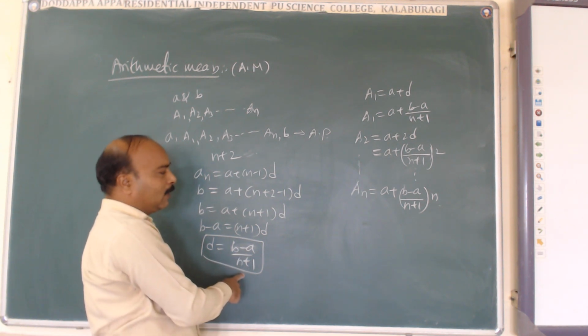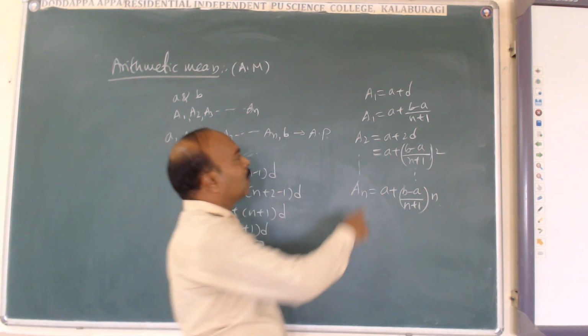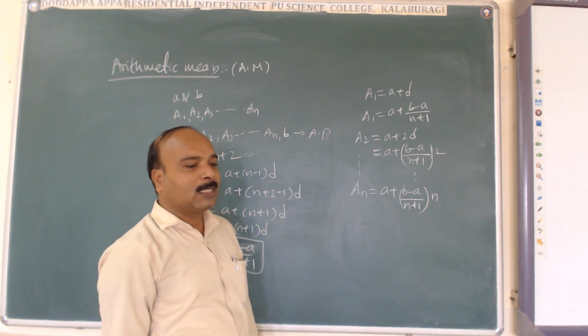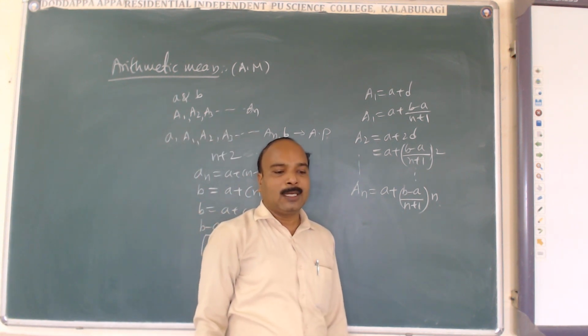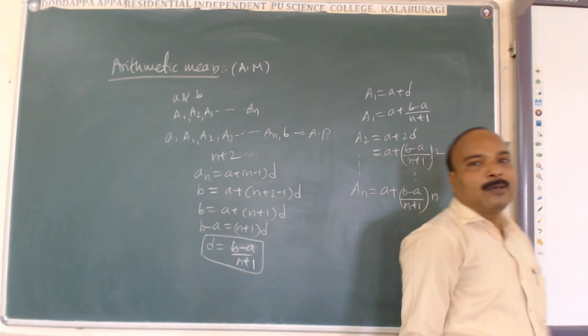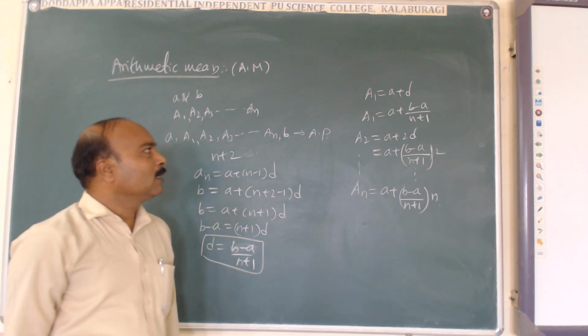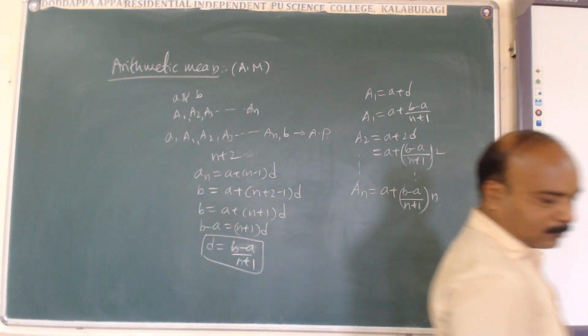Once you get the common difference, first term already you know, then using that you can calculate directly a1, a2, a3 up to an terms. They are nothing but n arithmetic means between the two given integers a and b. Now we go for some examples: how to insert more than one arithmetic mean between two given integers.